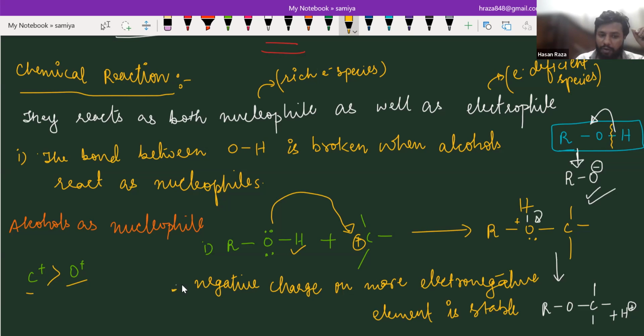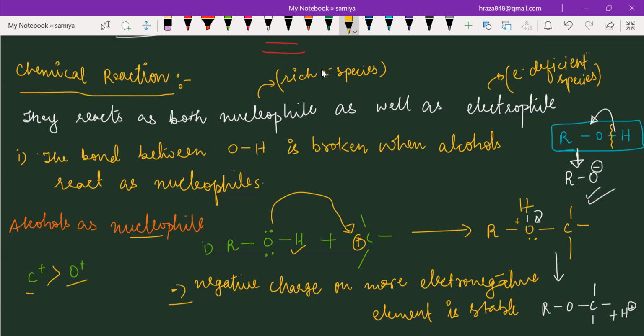The converse is also true: a positive charge on a less electronegative element is stable. So please write this and let me know when you are done. When alcohol acted as a nucleophile, this is the situation. Then we will see how it will act as an electrophile.